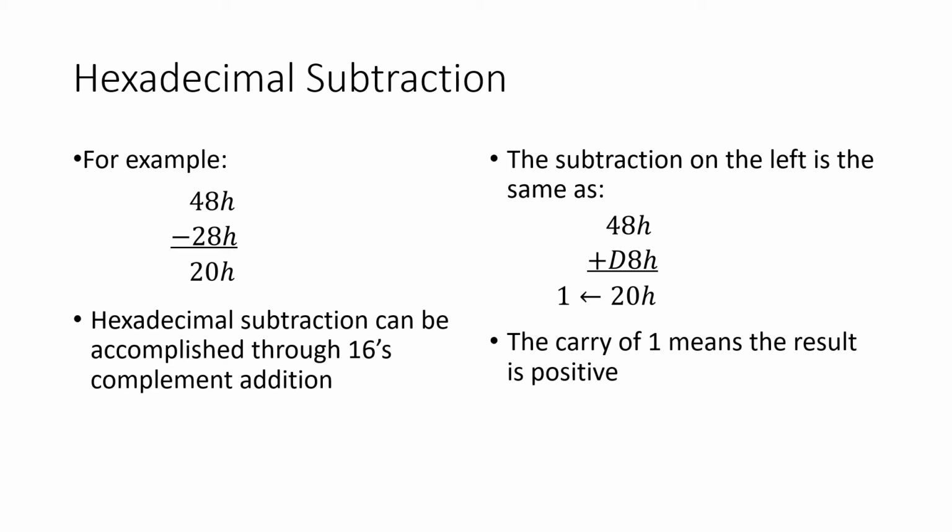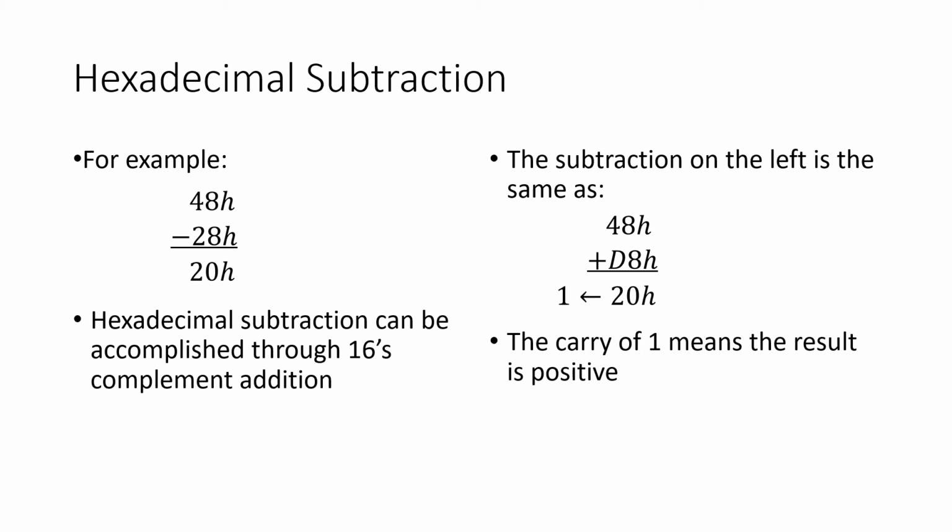Let's look at some hexadecimal subtraction. For example, 48 in hex minus 28 in hex gives us 20 in hex. Let's see if I can accomplish this subtraction operation through 16's complement addition.